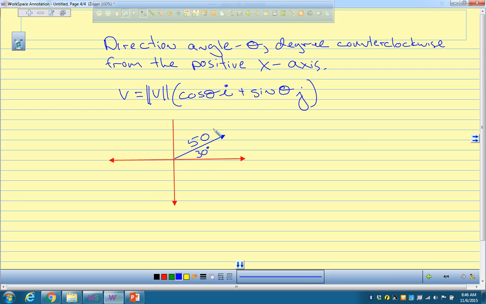And this could represent a ball being thrown at an angle of 30 degrees at 50 miles an hour or something like that.